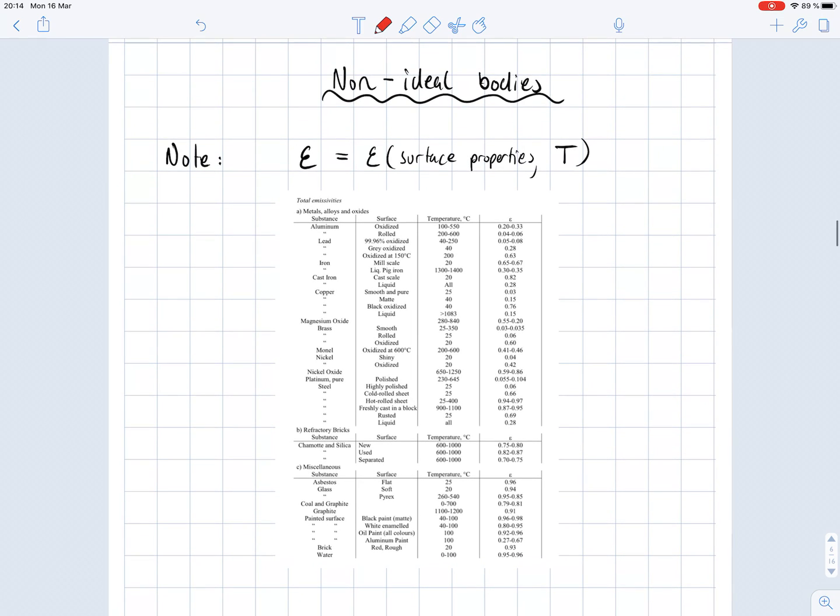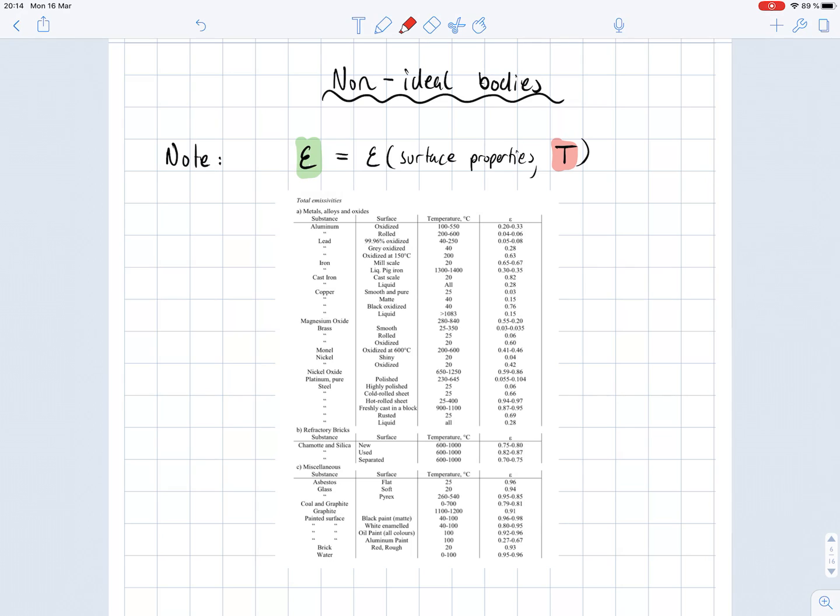Another important point to note is that epsilon, the emissivity, or the average spectral emissivity if you want, of your surface is a function of two things. First point is that it is a function of the temperature of the surface itself.